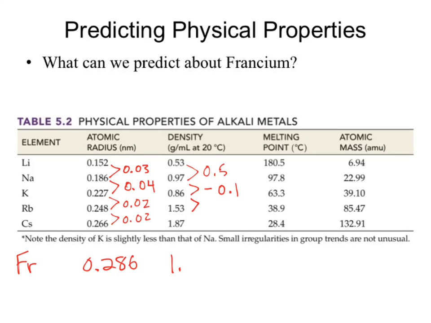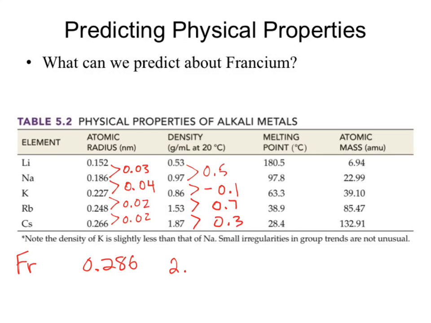That one went up by 0.7. That one went up by 0.3. So the density doesn't give us as clean of a transition, but we do see in general that it is increasing. So we might predict for a density maybe about 2.